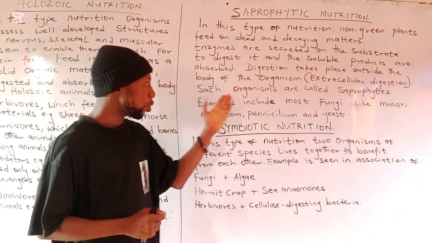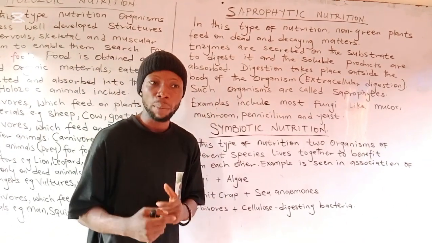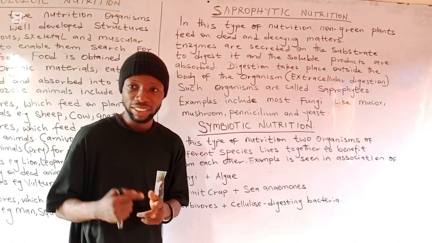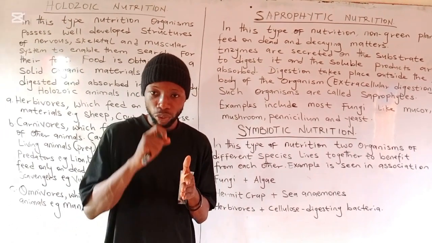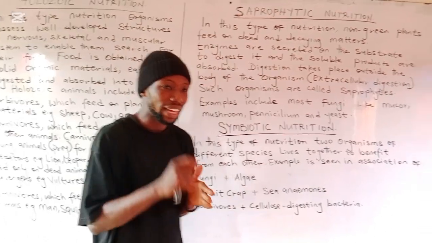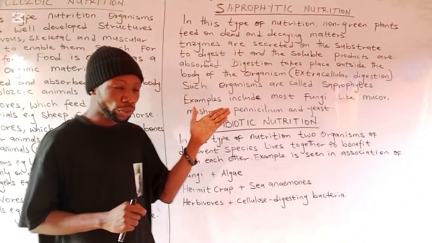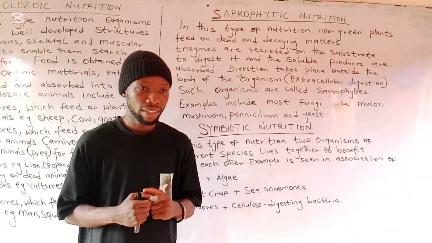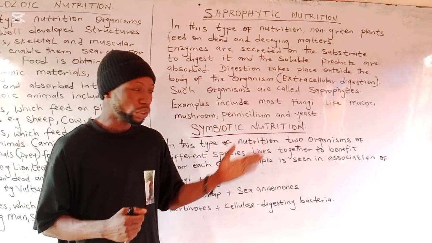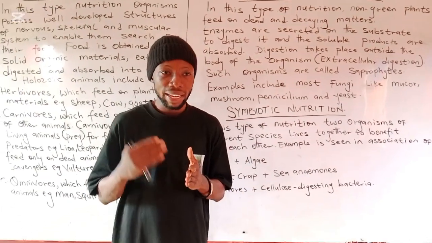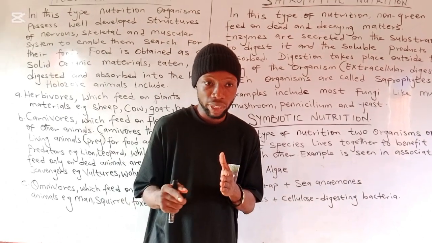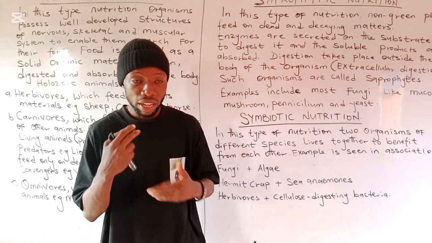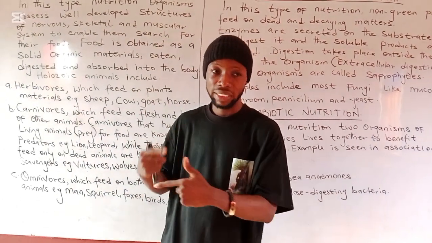Such organisms are called saprophytes. That is to say, saprophytes are those organisms that feed on dead and decaying matter. Most of the examples are fungi. Like I discussed in the last video, fungi lack chloroplast and chlorophyll, and because of that, fungi cannot undergo photosynthesis.